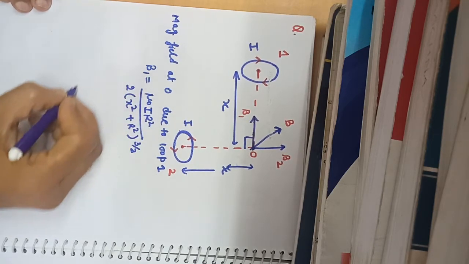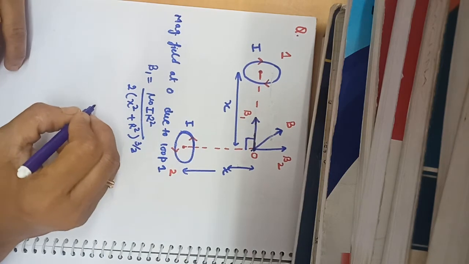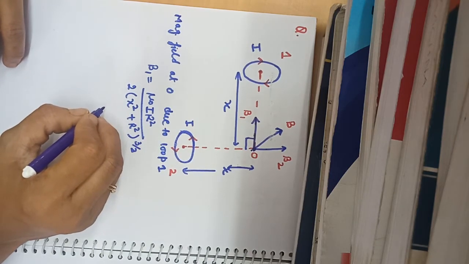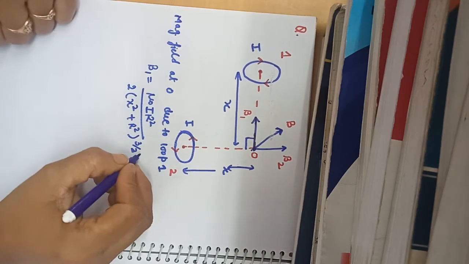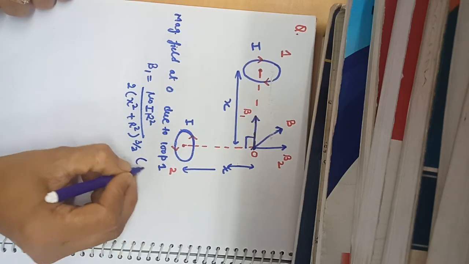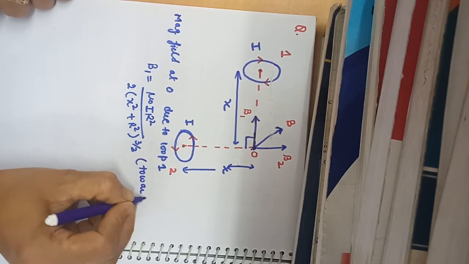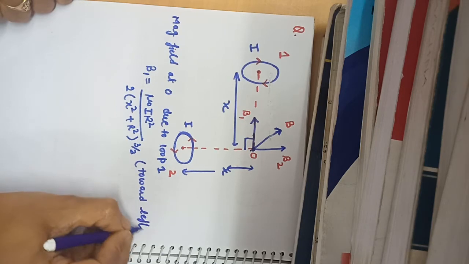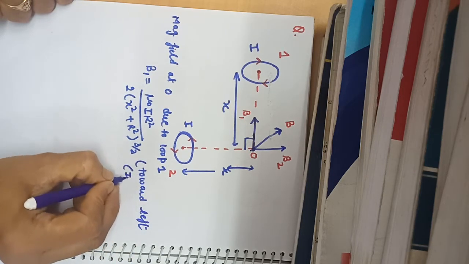This is the formula which you have got for the magnetic field at any point on the axis of the current carrying loop. And where is the direction? Towards left, meaning inward.